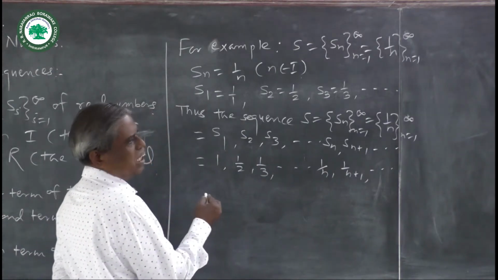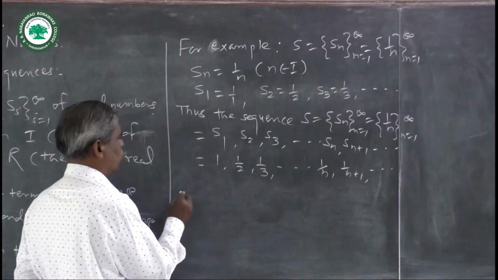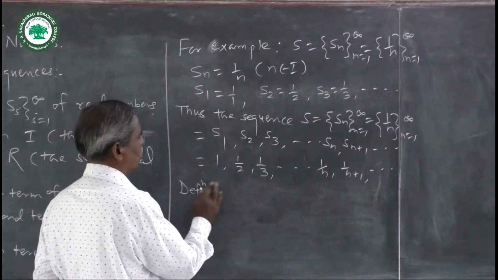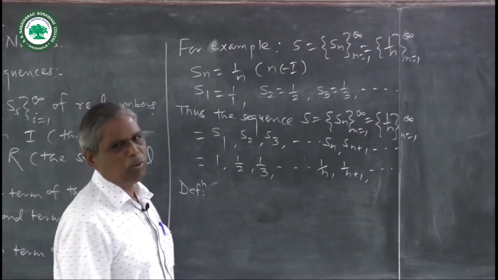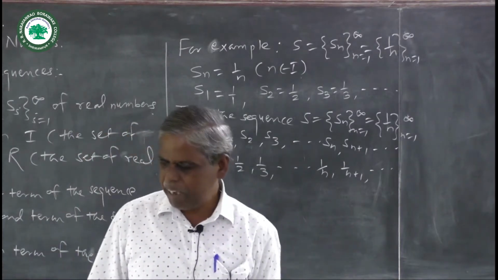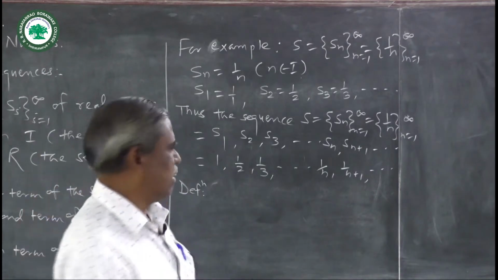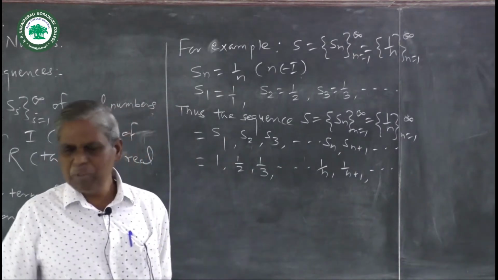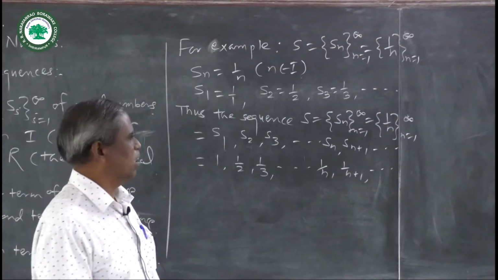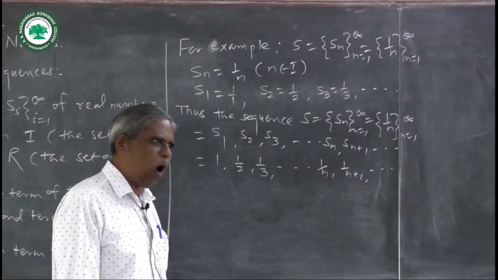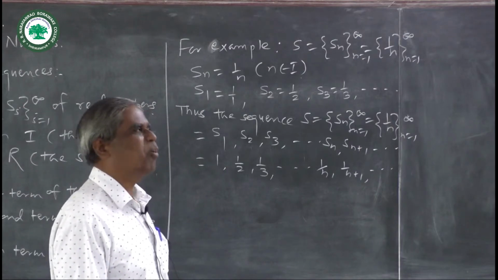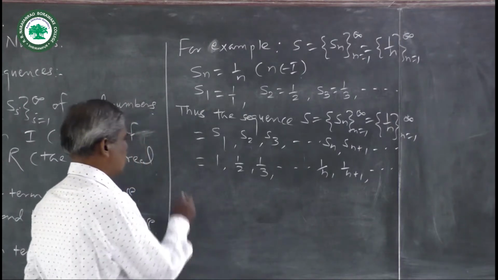Now we see definition of subsequence. Definition of subsequence. Subsequence of positive integers. Subsequence or subsequences are denoted by S suffix n1, S suffix n2, S suffix n3 and so on. n1, n2, n3 all are positive integers.